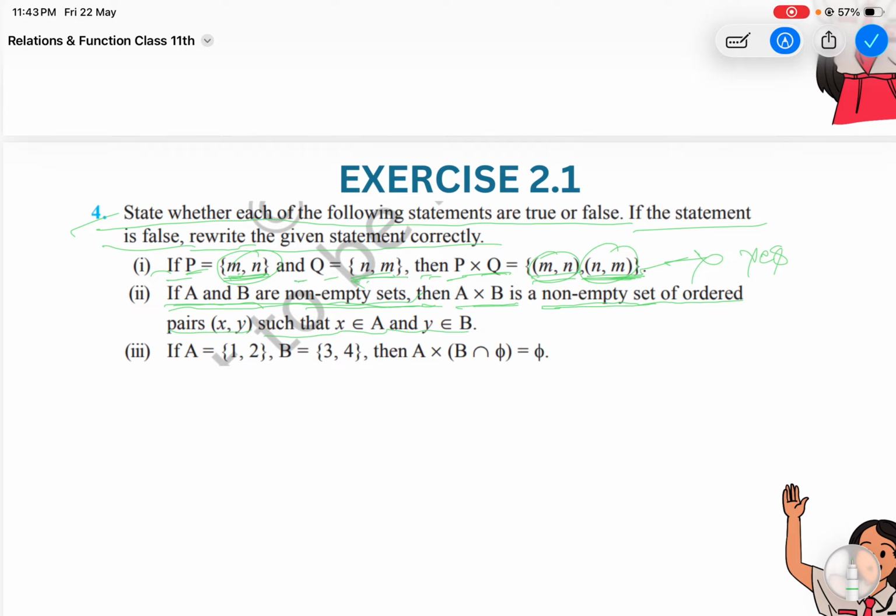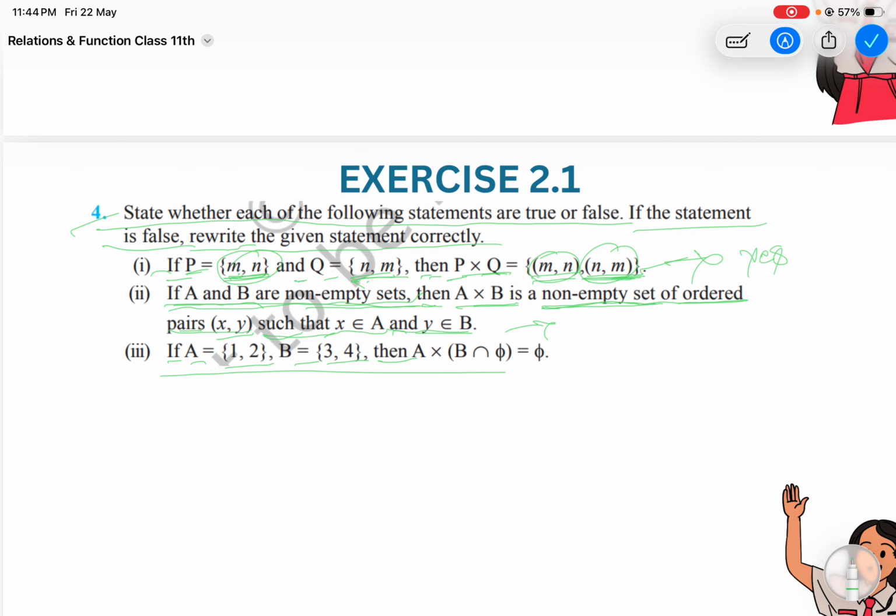Then A into B is a non-empty set of ordered pairs (x, y), such that x belongs to A and y belongs to B. So the answer is, just write it in the comment and then you will see what the answer is. Okay, just write it. I'll move on to the third one.